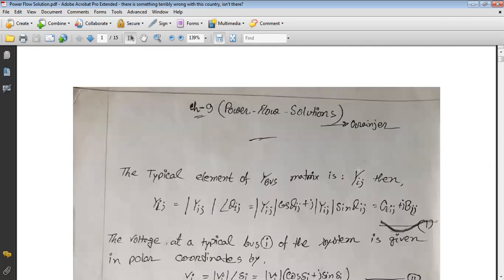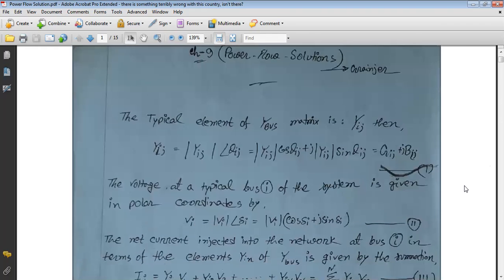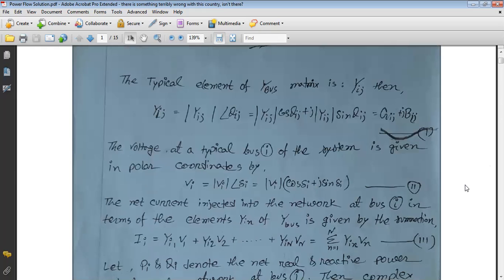Now, in the previous page, if we want to develop the power equation or the complex power equation for an interconnected power system, then we can form this equation by using this process. At first, the Y bus matrix or the bus admittance matrix is a complex matrix which contains the real part and imaginary part.